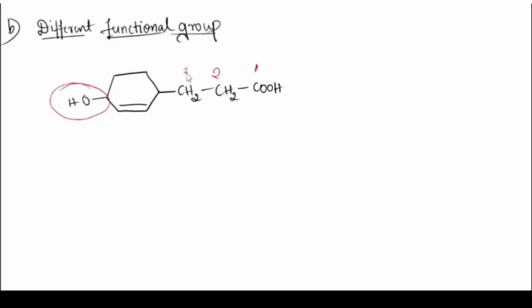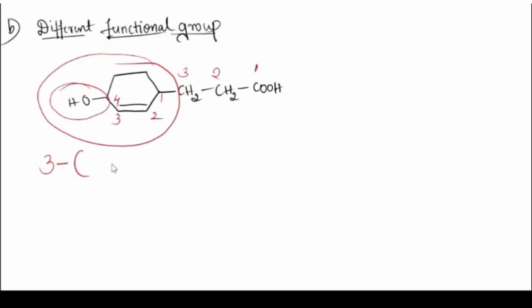That's why here 1, 2, 3 we have to name it, and I will start naming this particular one also. At the third position we have to name this whole substituent. This substituent contains a 4-hydroxy group. Correct.